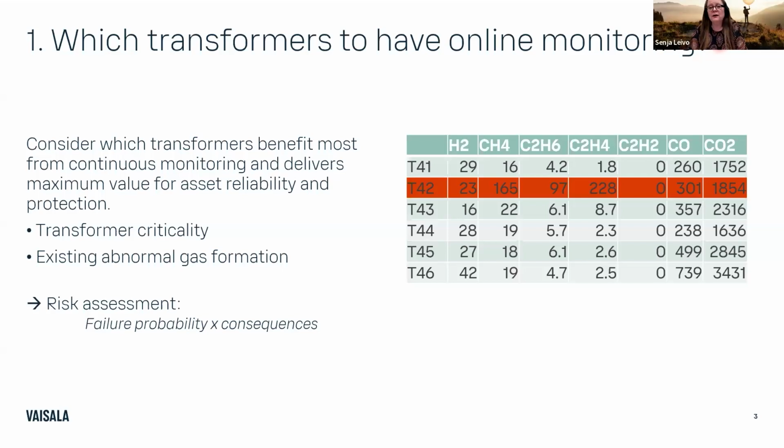So in generation step-up transformers, the big ones, I usually always recommend having multi-gas to be able to track all different fault types. Then on smaller or less critical ones, yes. When having a big fleet, it's not realistic to have multi-gas in all of them.